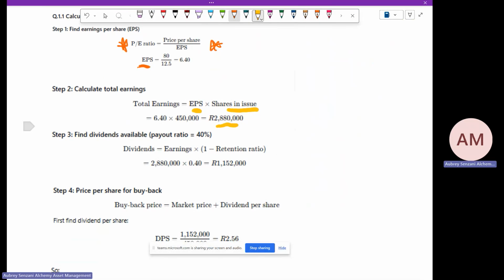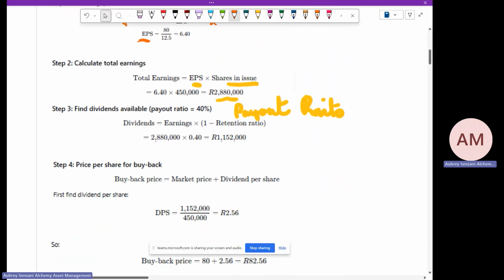Yes, earnings times payout ratio. That's exactly it.